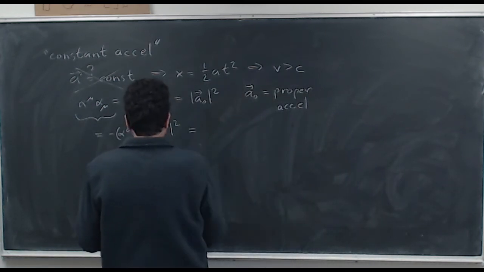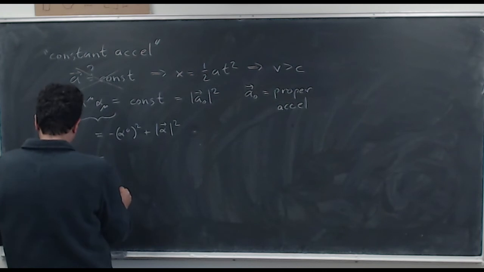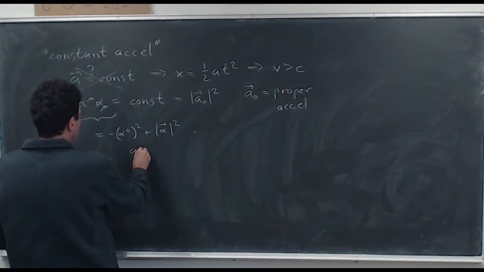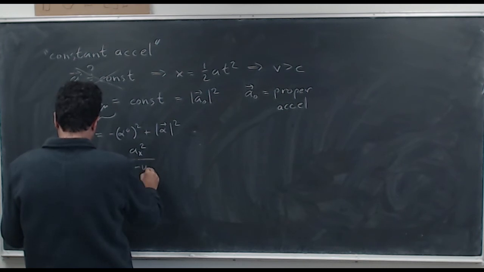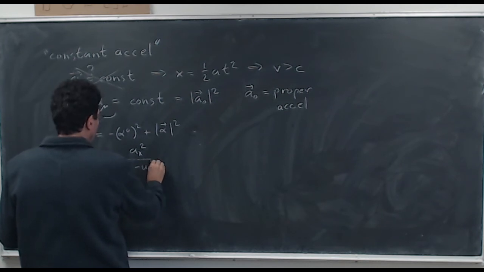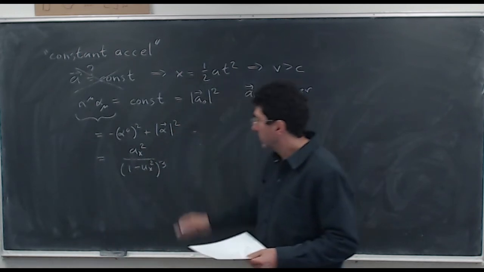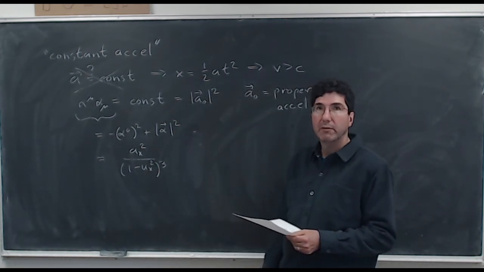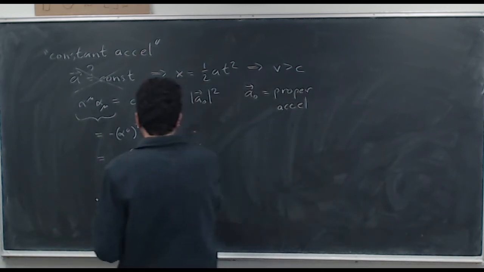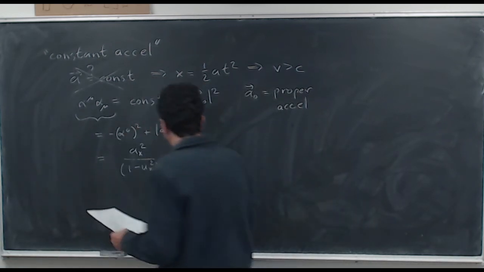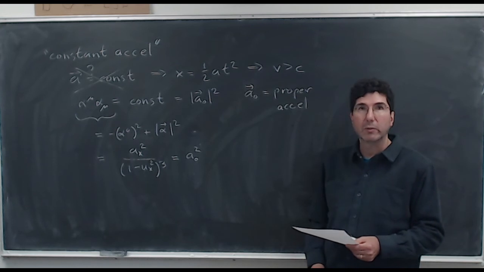What you find is that this is equal to a sub x squared times (1 minus u sub x squared) cubed. So you get a relatively simple expression for the square of the 4-acceleration, and that should be equal to a0 squared, the proper acceleration squared.